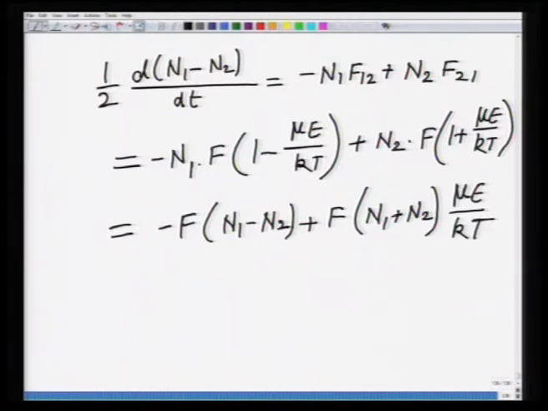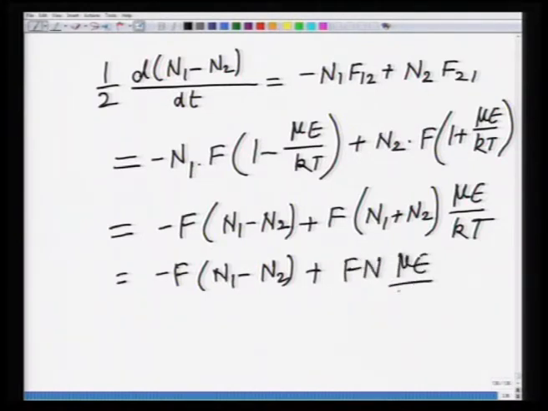So you can see that now we have expressed this in terms of n1 minus n2 and n1 plus n2, which is capital N itself. So this becomes minus F into (n1 minus n2) plus F N mu E by kT. Now, how can you express the polarization?